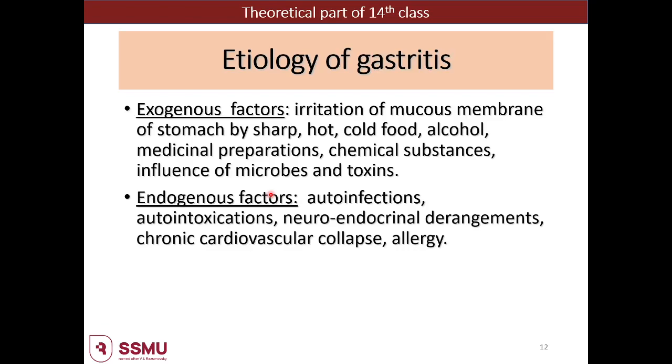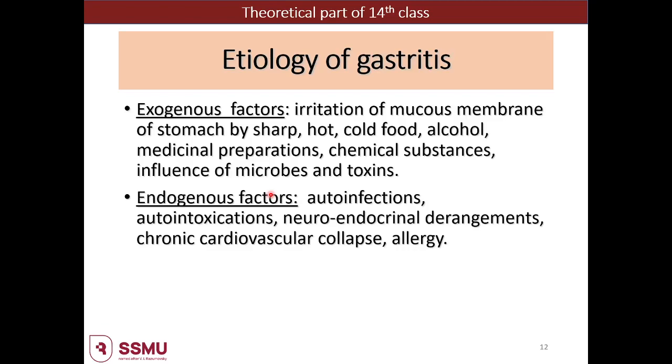Nowadays, about 60% of the population have some problems with the stomach, and it is mostly associated with exogenous factors. But we should also remember endogenous factors like autoinfections, autointoxications, neuroendocrinal derangements, chronic cardiovascular collapse, and also allergy.